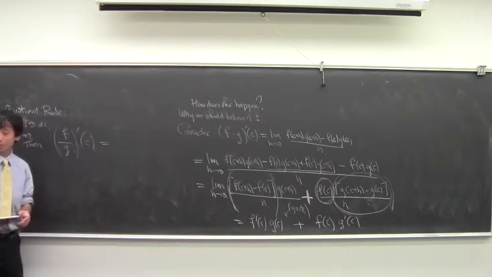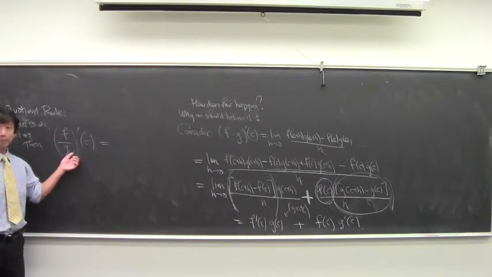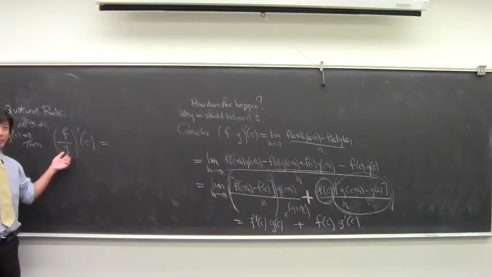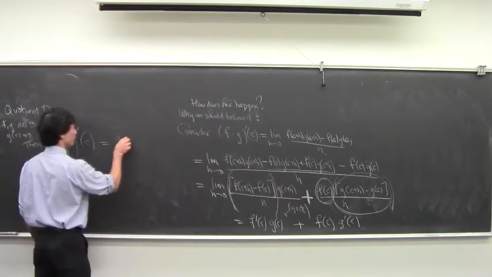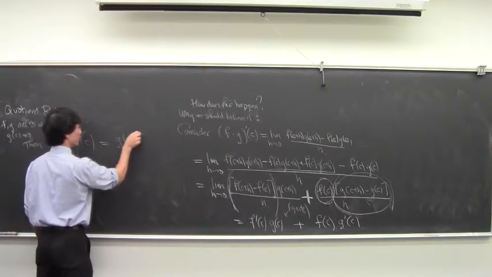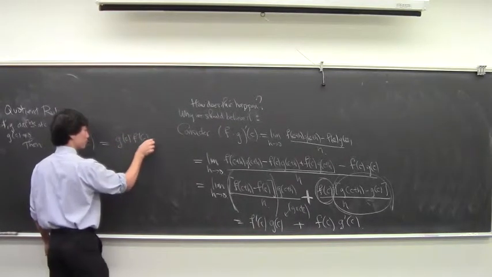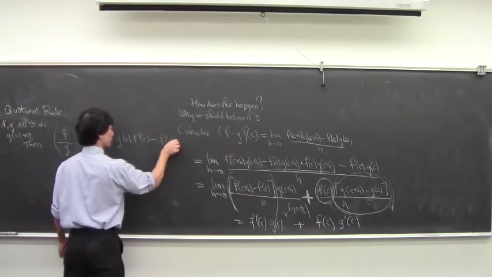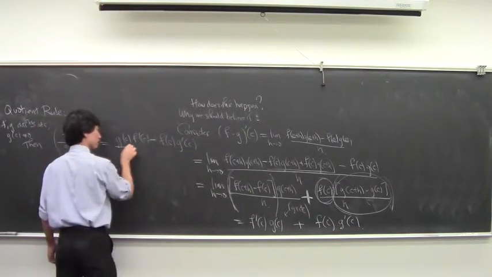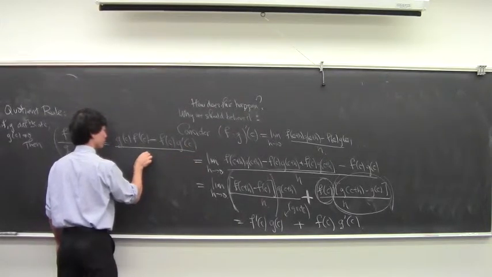What do you get, those of you who've had calculus before? Jennifer? g of c times f prime of c, minus f of c times g prime of c, divided by g of c squared.